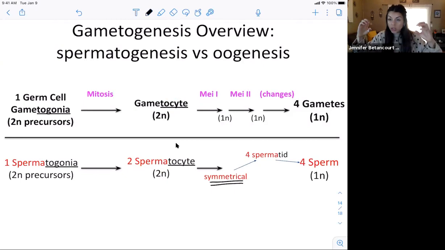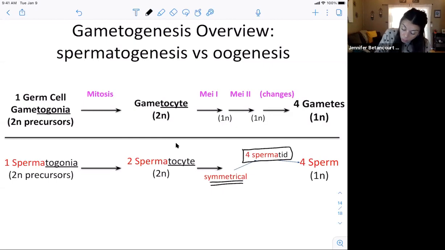Each of the daughter cells, even though it's sperm, we still call them daughter cells, is approximately the same size, and has one complete set of chromosomes. The products of symmetrical division, we call spermatids, kind of like sister chromatids.